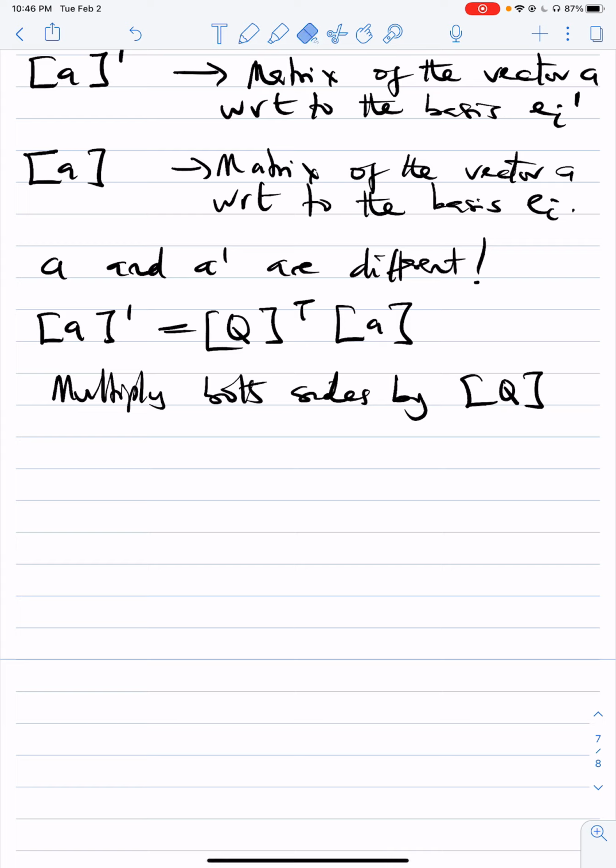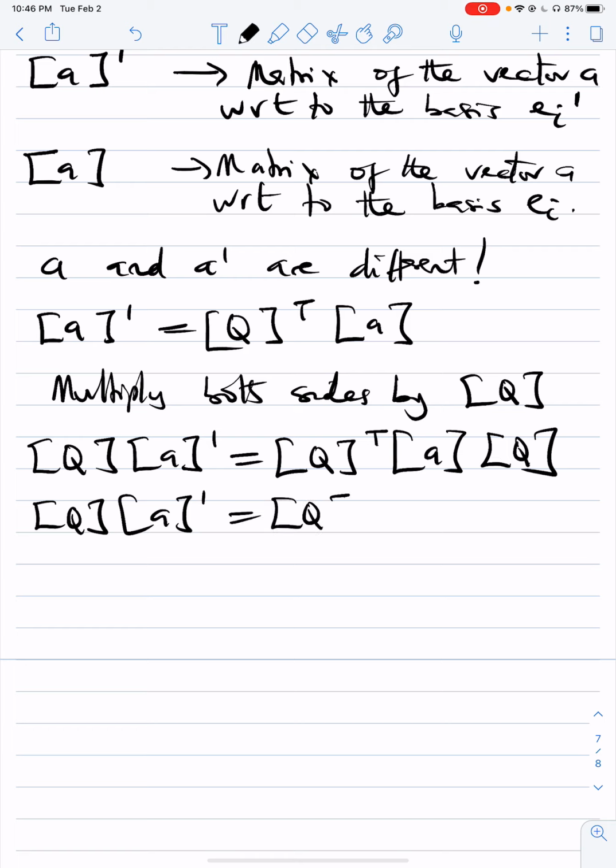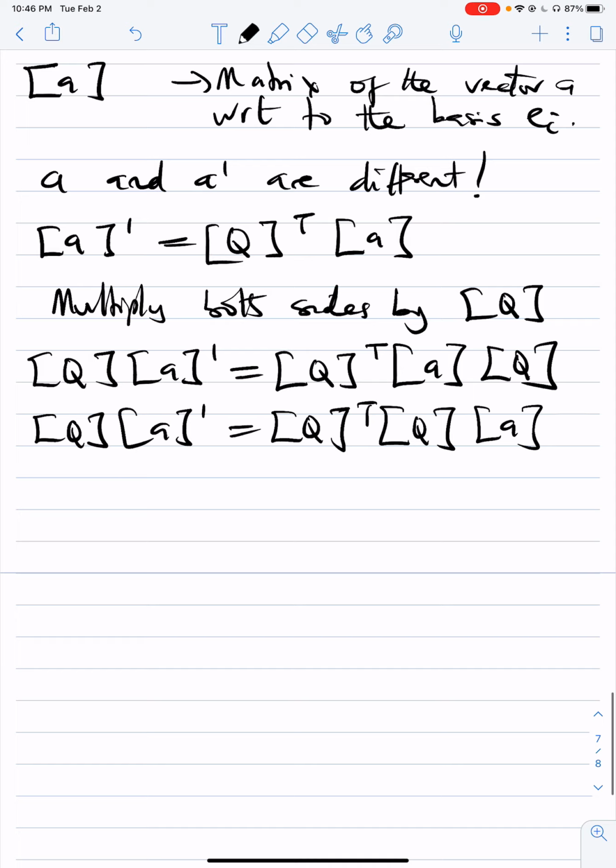So we have Q A prime equals Q Q transpose A. This remains, or I could have put that one in any way, it doesn't matter.